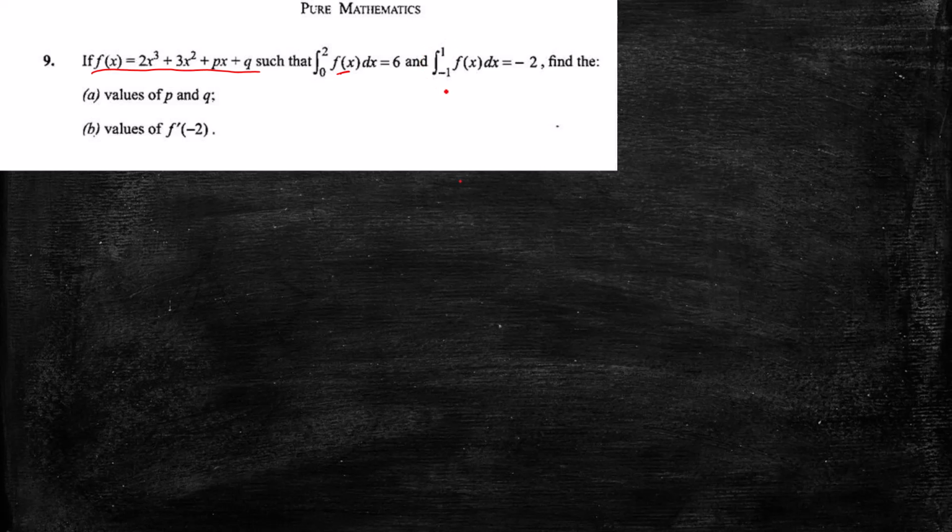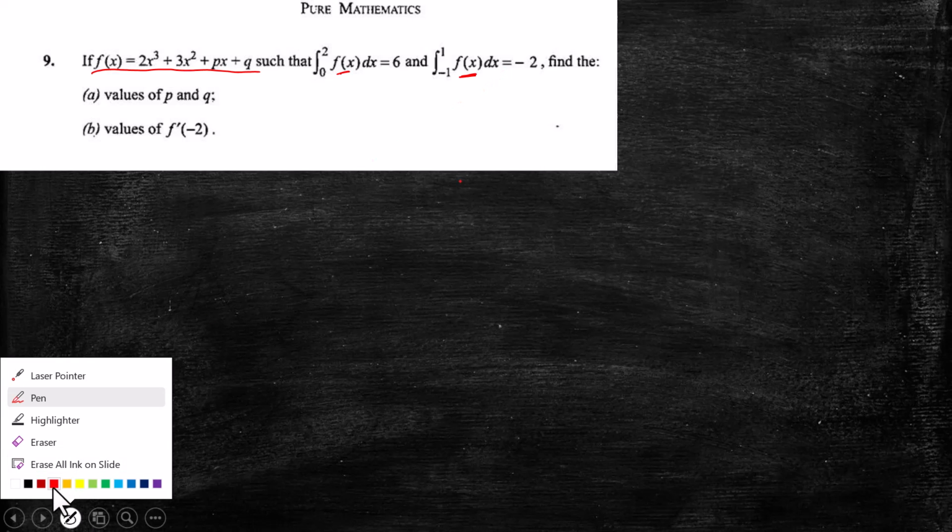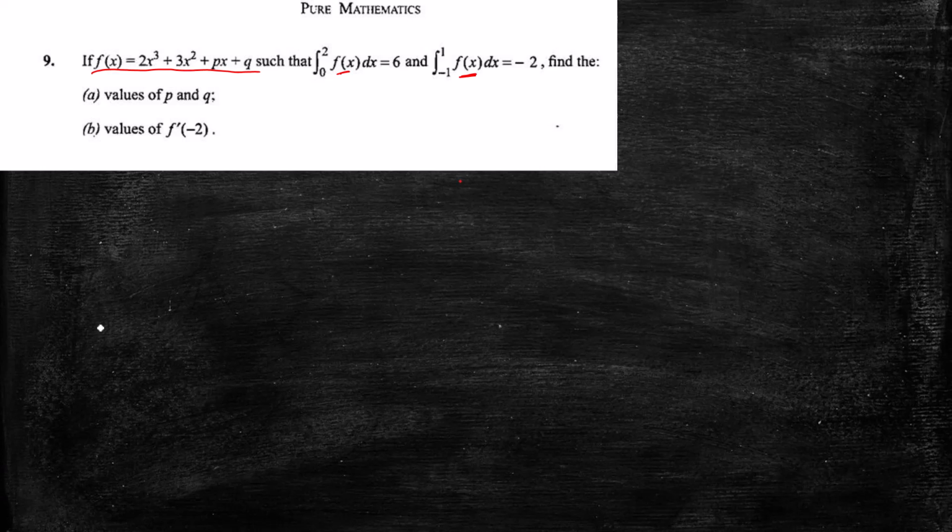And we have another one from -1 to 1 of the same f(x) dx equals -2. So the question is: find the values of p and q.